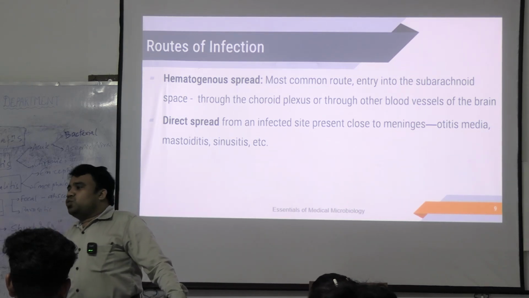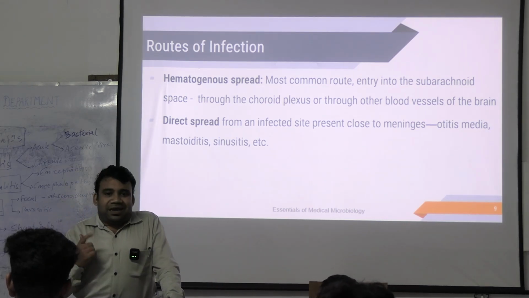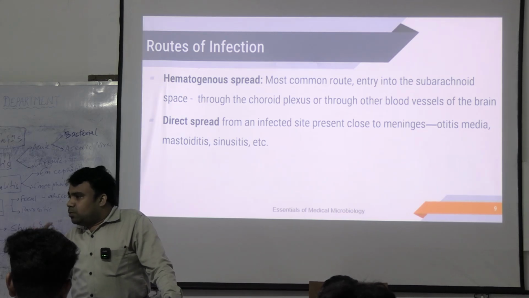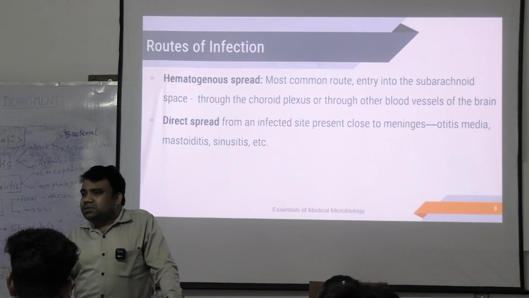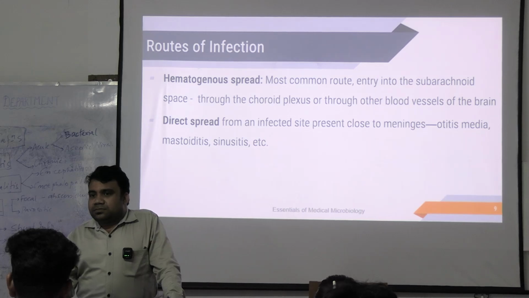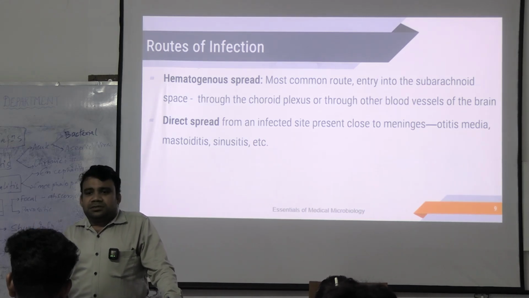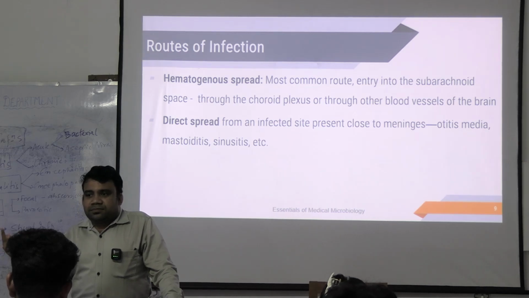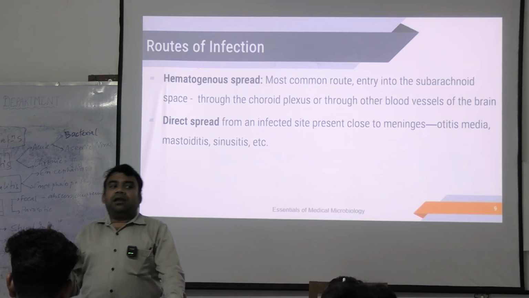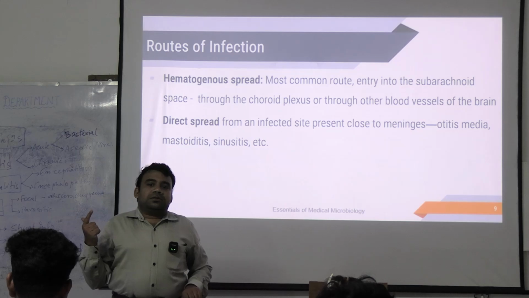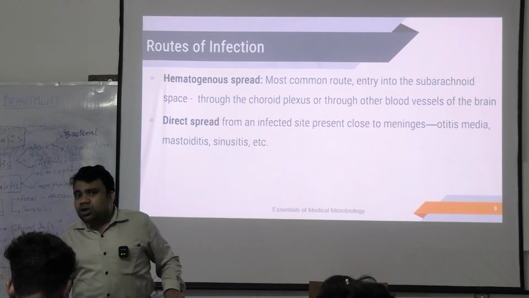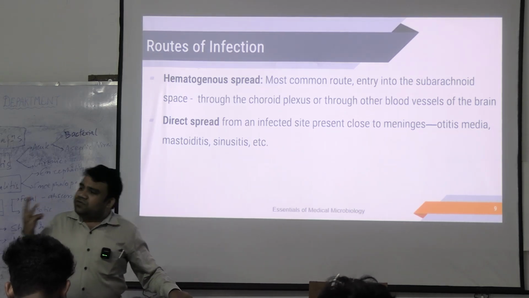That is the reason why I told you some of the capsulated bacteria very commonly cause meningitis. So what are the capsulated organisms? Neisseria meningitidis, then Haemophilus influenzae and Streptococcus pneumoniae or pneumococcus.